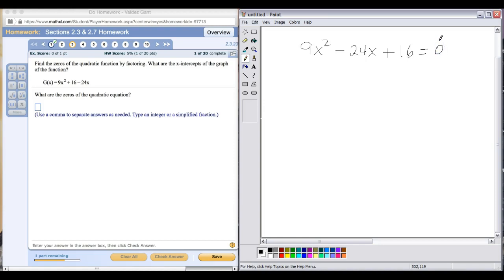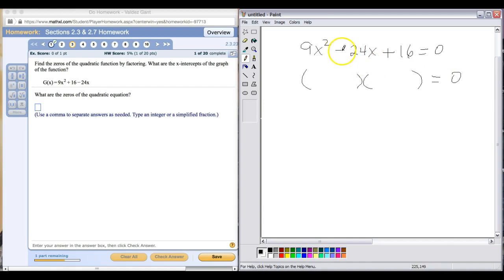From there, if you were going to factor this, the first thing we notice is that we would try to do a greatest common factor if we could, but we see that that's not going to work. So we could try factoring by trial and error or by grouping. I'm going to do it by trial and error.